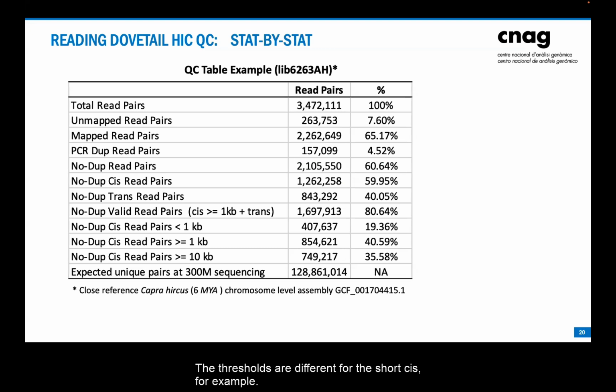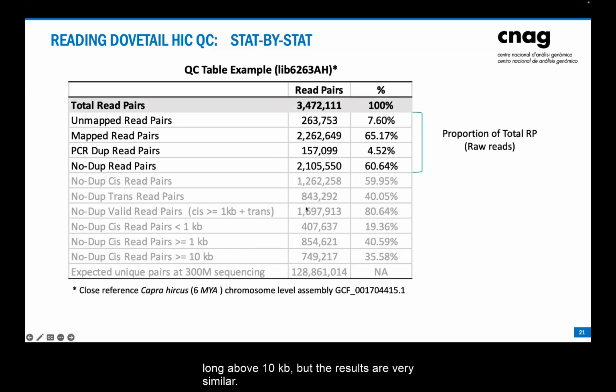The thresholds are different for the short cis, for example. Here, what is alarming is the cis below 1 KB, while in Hi-C you have short cis below 10 KB, long above 10 KB. But yeah, the results are very similar.